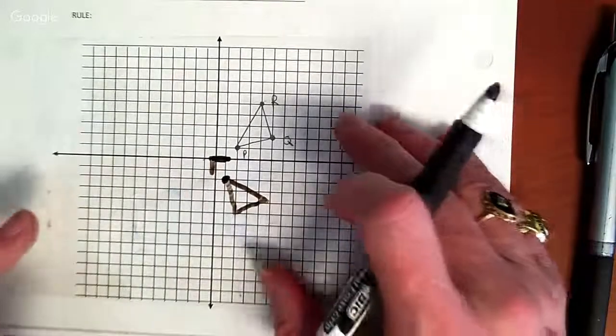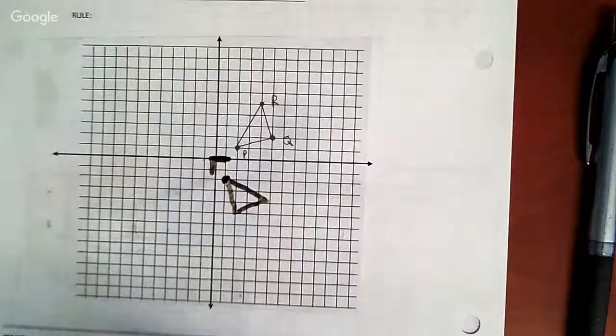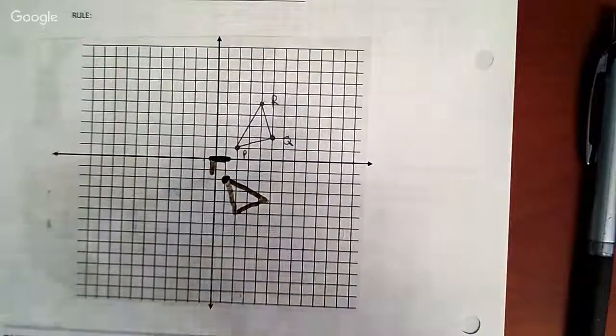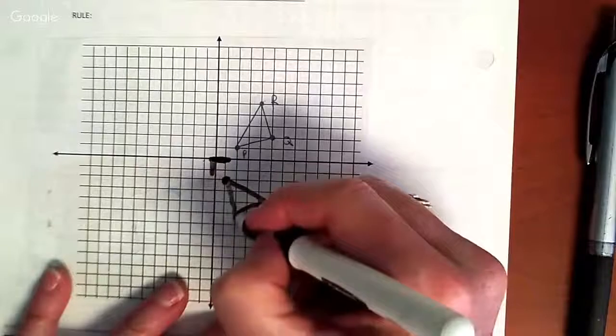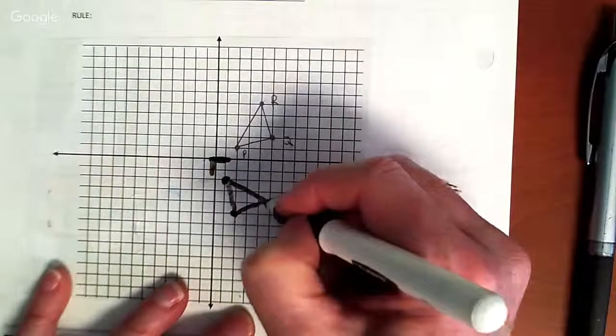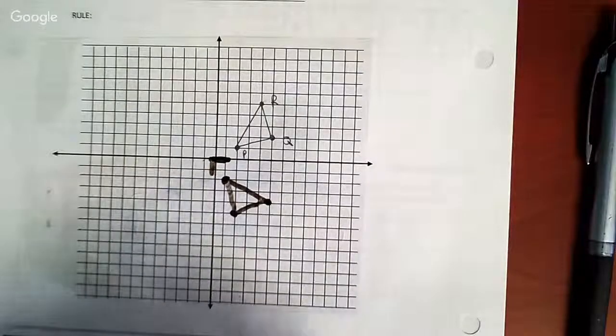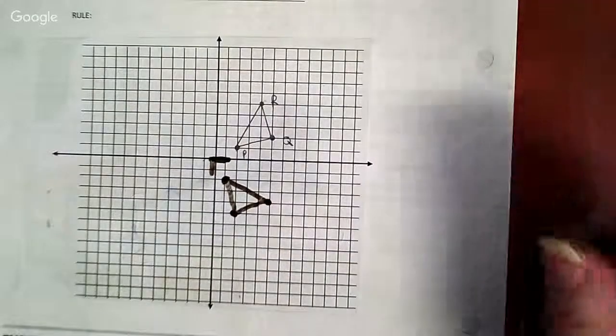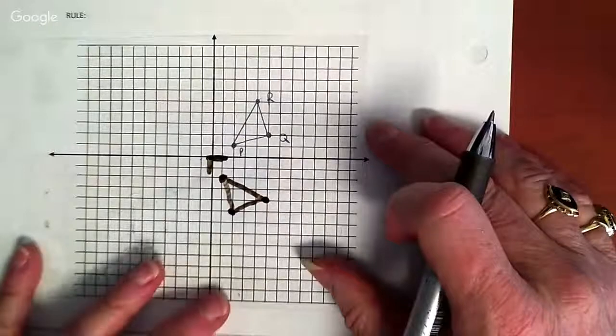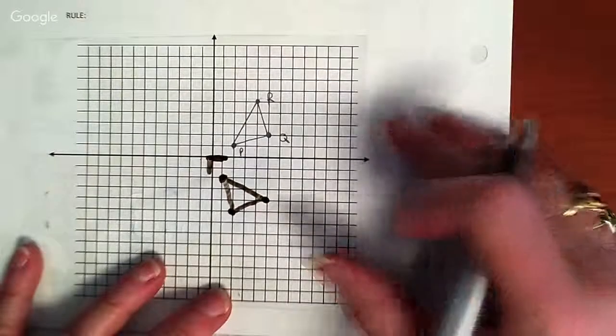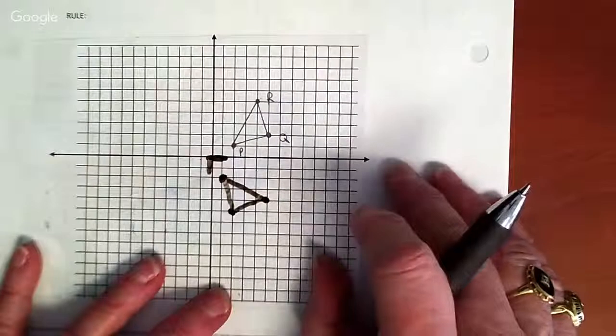And we are going to find our new points now. So our new points are right here and right here. So P is going to be 1 and -2.